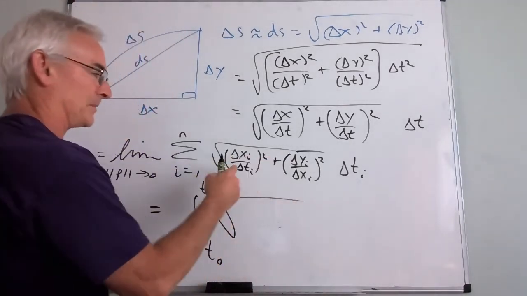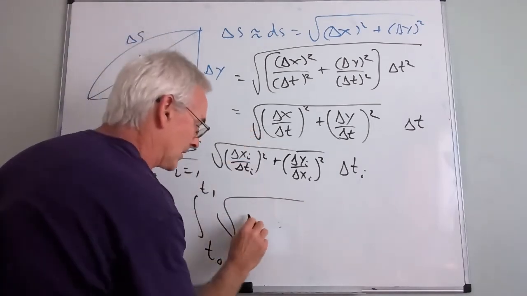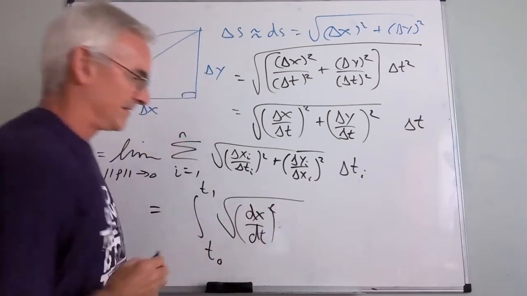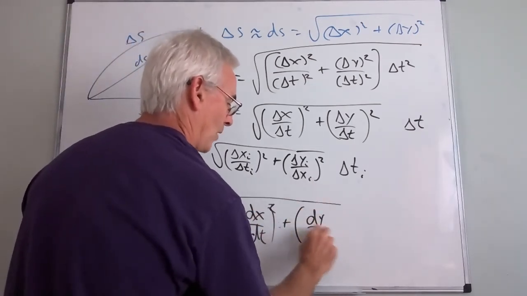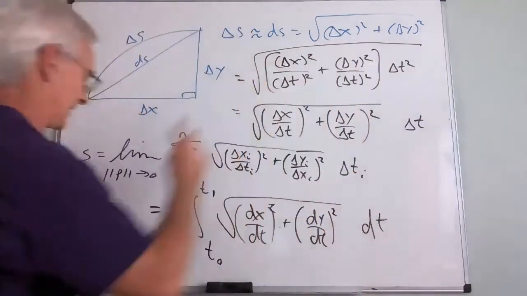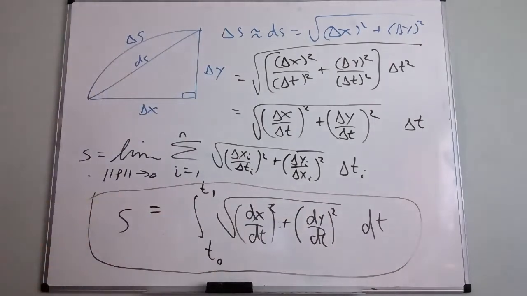What will these become as delta T goes to 0? Delta X over delta T, won't that become dx dt? Everybody see it? And what will this guy be? dy dt, integrated with respect to T. And this is the parameterized arc length formula.